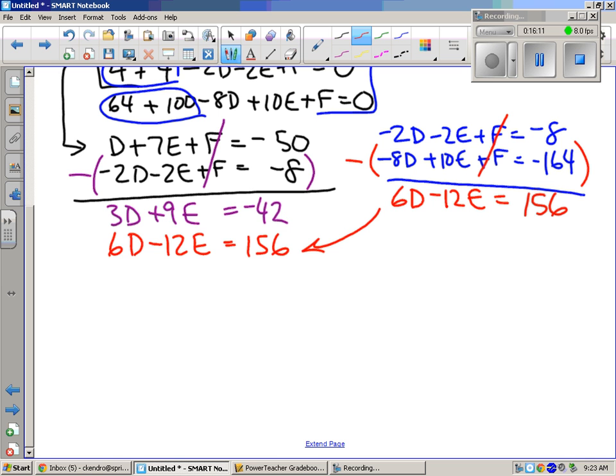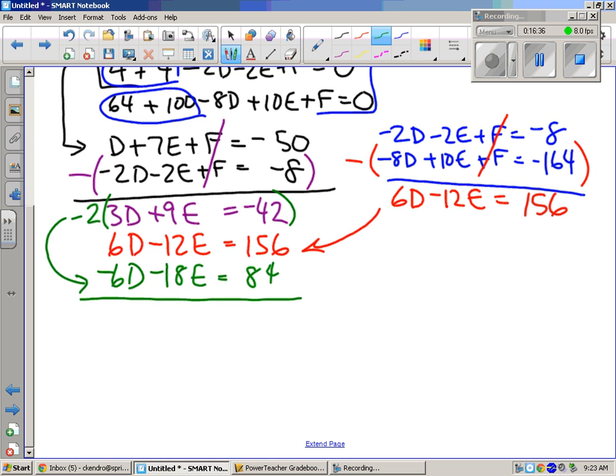Now back in Algebra 2, you learn to multiply one of these by something to get them to cancel out. So what I want to do is multiply this top row by negative 2 because I will get negative 6d. The d's will eventually cancel out. And I have negative 18e, and I have positive 84.